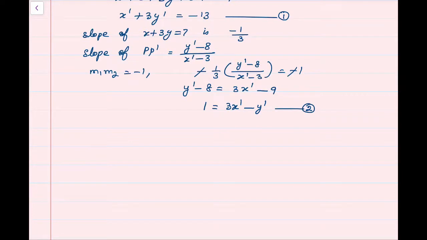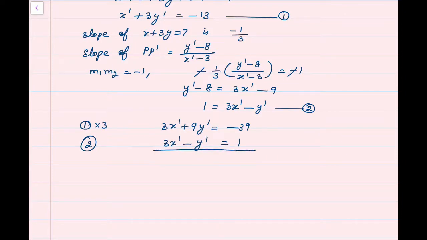We will solve 1 and 2 and find x', y'. Multiply the first equation by 3: 3x' + 9y' is equal to -39. And the second equation is 3x' - y' is 1. We will change the sign so that the first two terms get cancelled. 10y' is equal to -40.